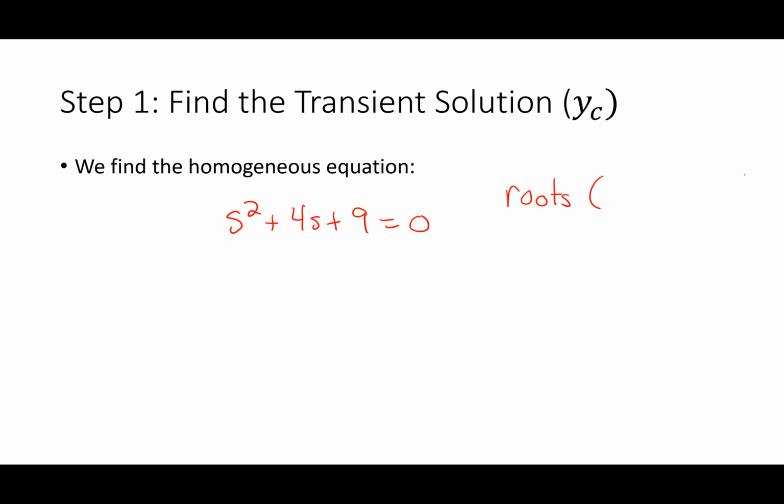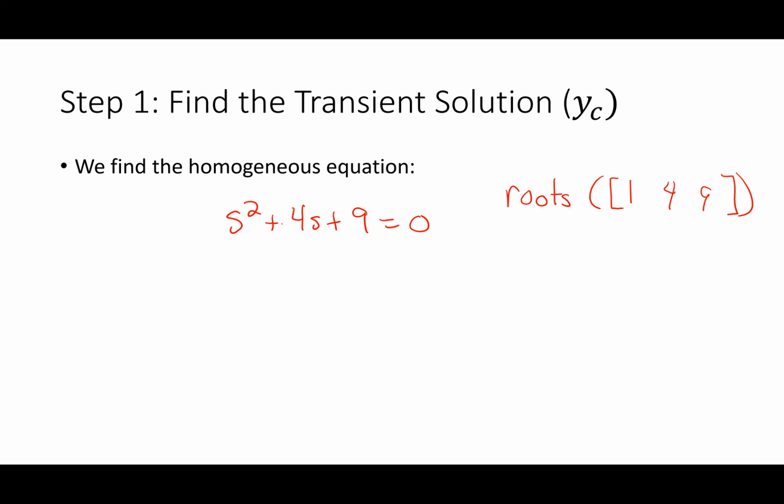I say roots like this, and I give it a vector that has the coefficients. Anybody know how I would put the coefficients in for that? It's a row vector. What order do they go in? If you've tried it, first, second, third. Yep, 1, 4, 9. And it'll tell me the roots if I do that, okay?